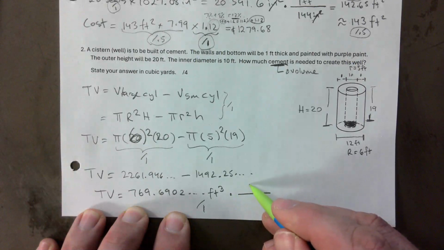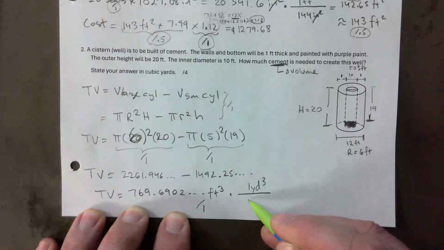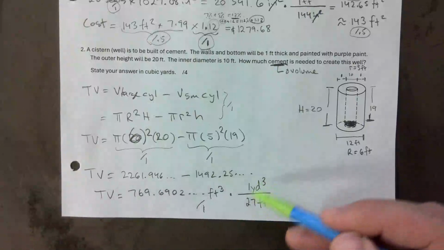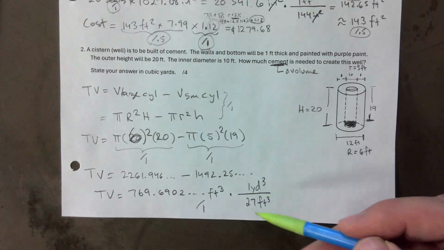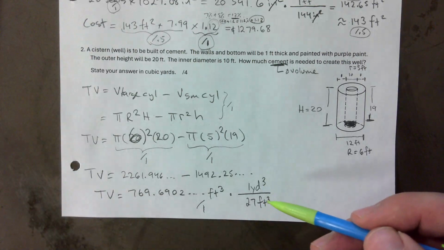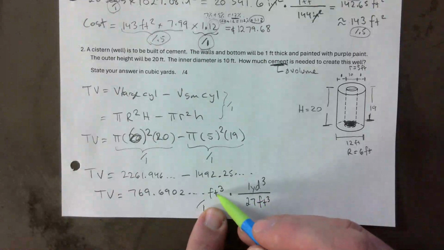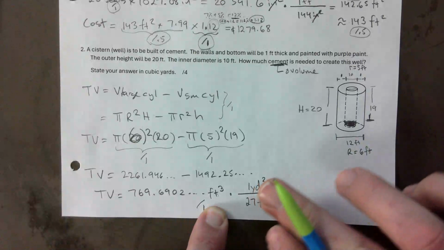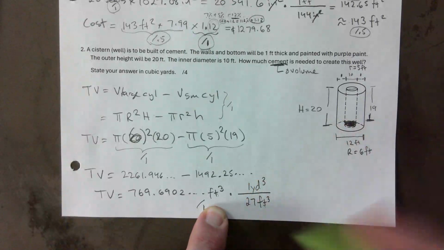And we want cubic yards. So 1 cubic yard, I hope you have this on your study sheet, has 27 cubic feet. It matters where you put the numbers, by the way. I don't know if you remember from grade 11. If you want to cancel cubic feet, then cubic feet here need to be at the bottom. So you may have to flip-flop this depending on the situation.